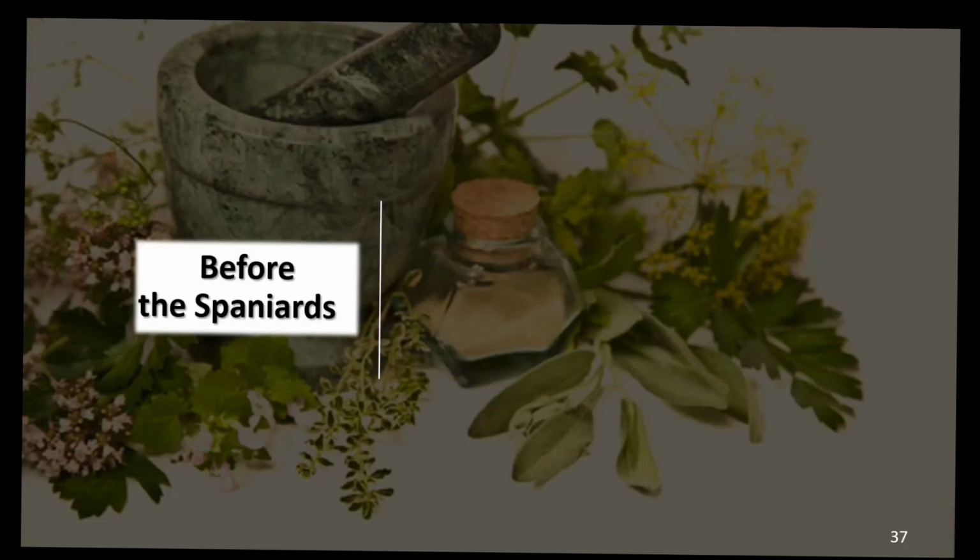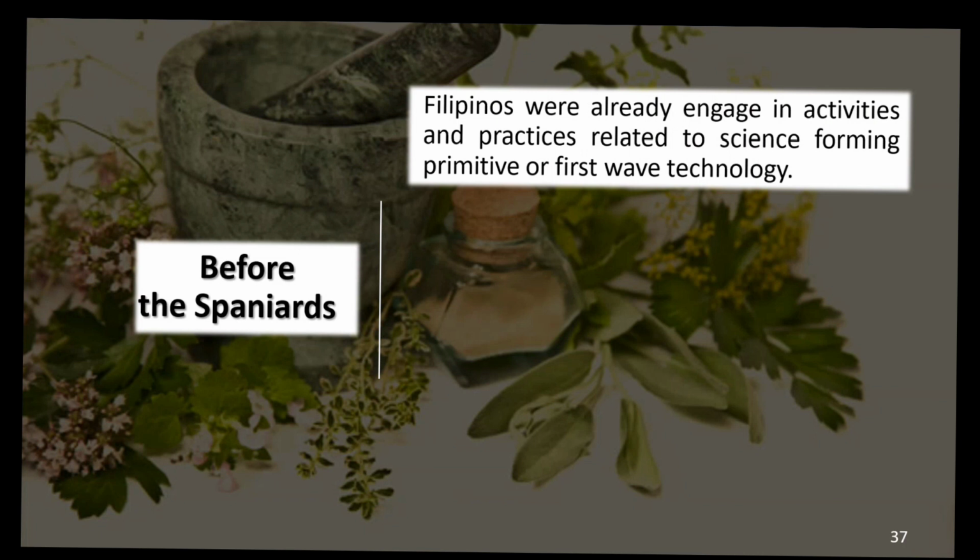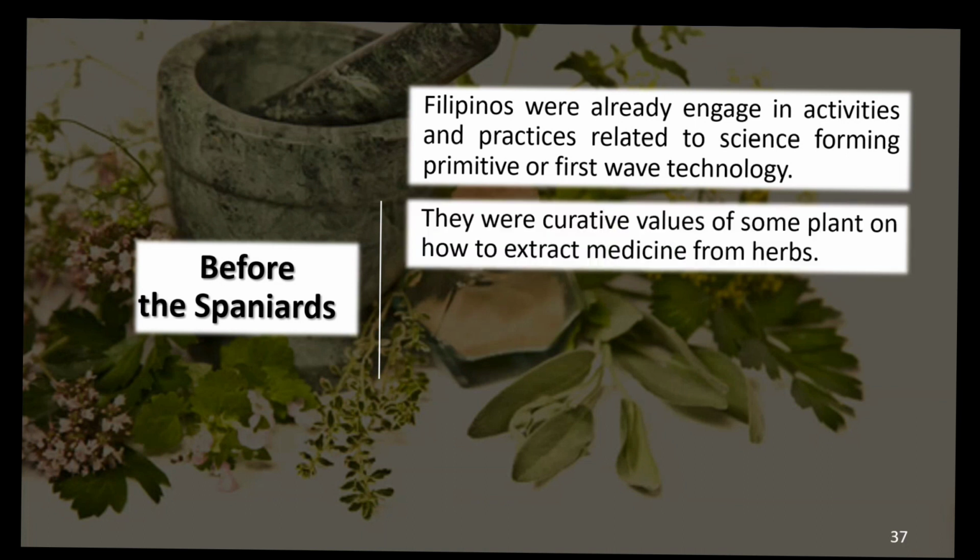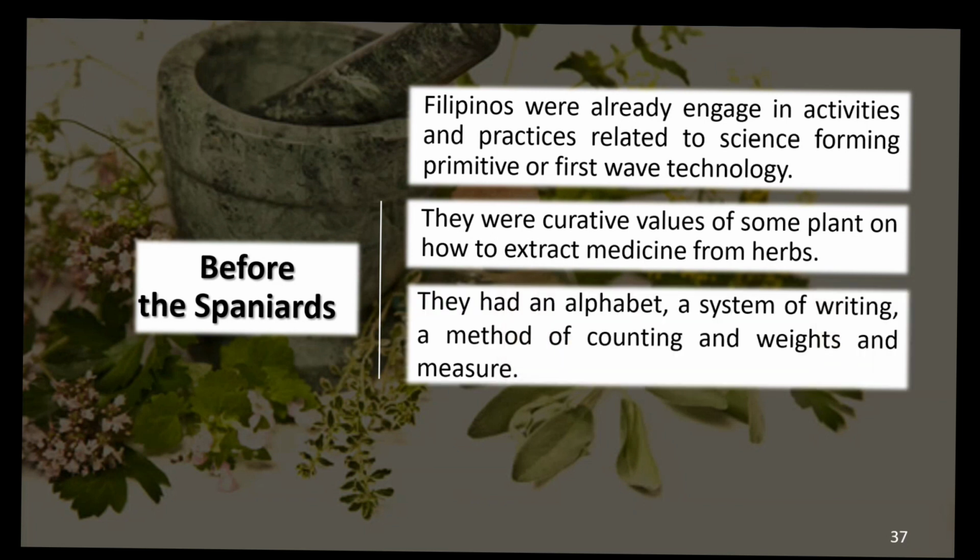Before the Spaniards, Filipinos were already engaged in activities and practices related to science, forming primitive or first wave technology. The Filipinos already knew how to extract medicines from plants and herbs.